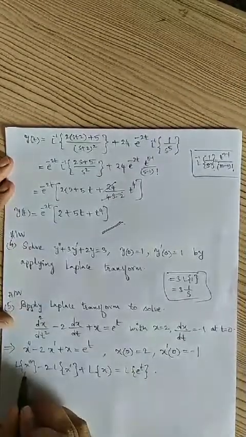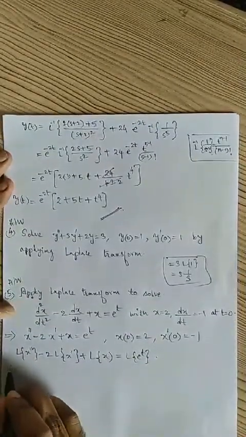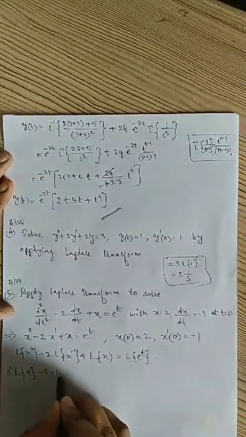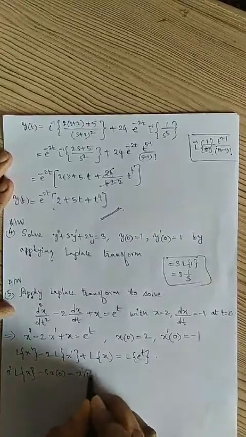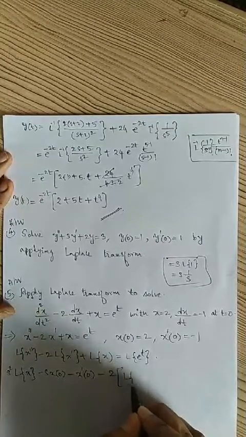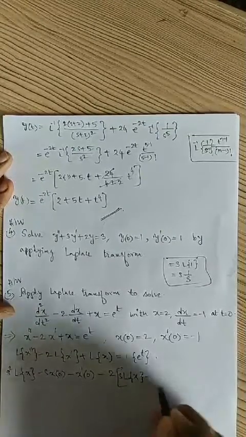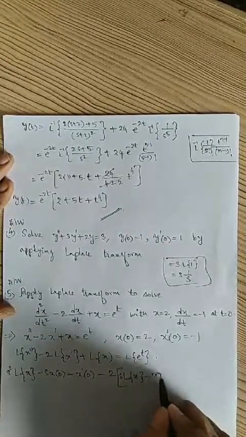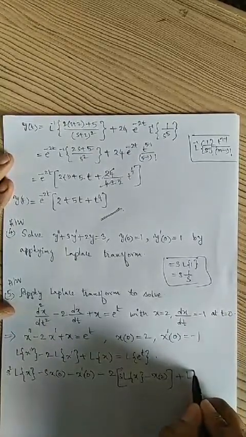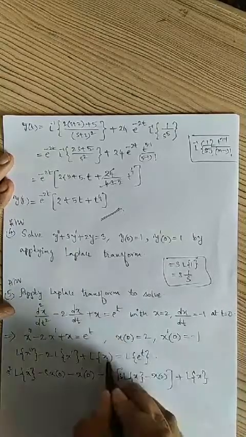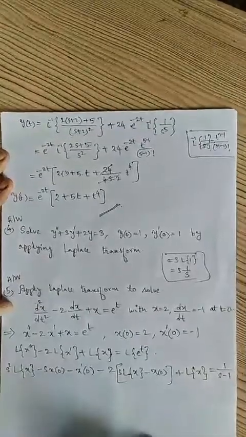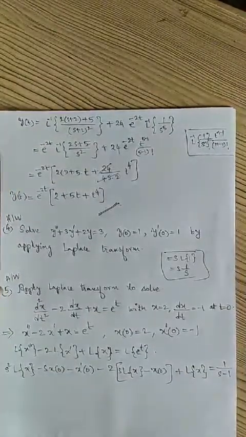The same thing you have to do here: s square into Laplace transform of x minus s into x of 0 minus x dash of 0, minus 2 into, again applying Laplace transform, s into Laplace transform of x minus x of 0, plus Laplace transform of x equals Laplace transform of e power t, which is given by 1 by (s minus 1). So this is how you have to solve this problem.